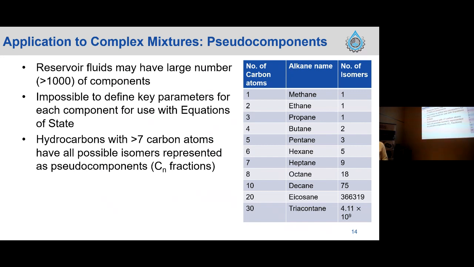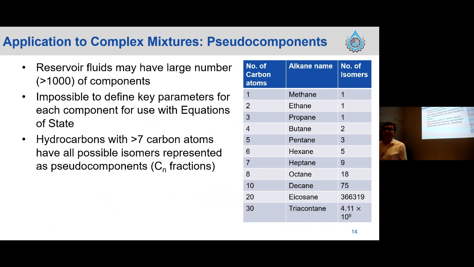And so what we do is represent hydrocarbons with more than 7 carbon atoms as C7+ components. So we represent all those potential isomers as one component with a fraction. So you might represent all of your C8 isomers in a C8 fraction, and then all your C20 isomers in a C20 fraction, and so on.